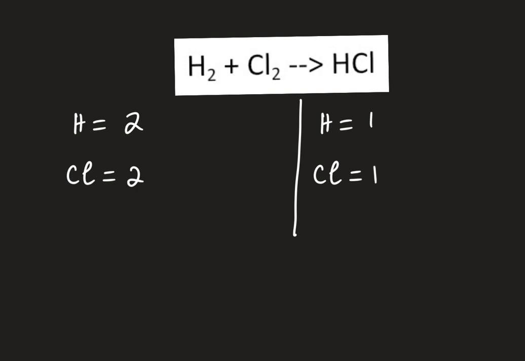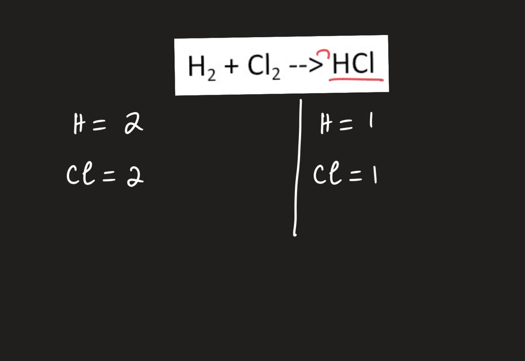Now, according to the law of conservation of matter, these two things need to be the same. In other words, the number of hydrogens on the left hand side must be the same as the number of hydrogens on the right hand side. So we don't see that happening right now. So we can change the number of molecules of HCl that we have.